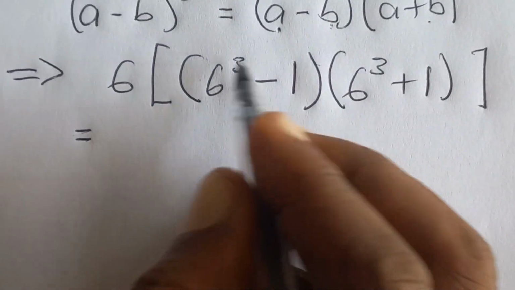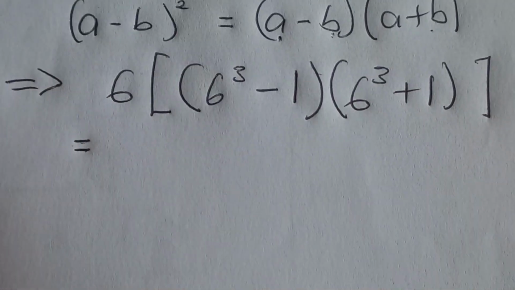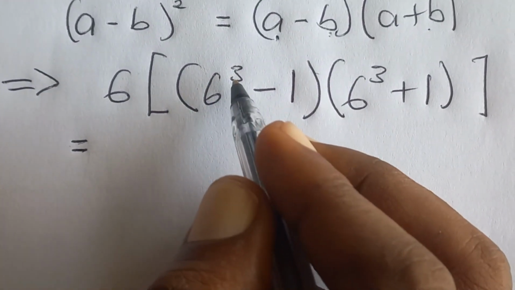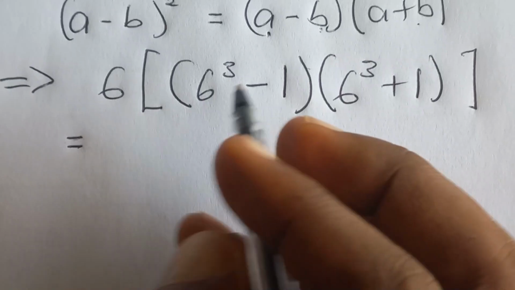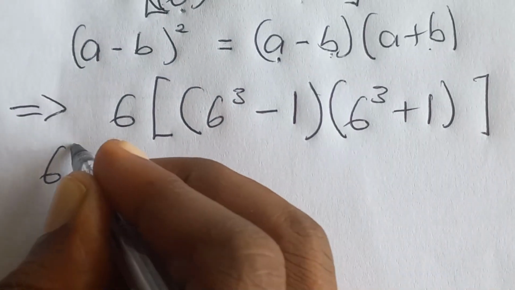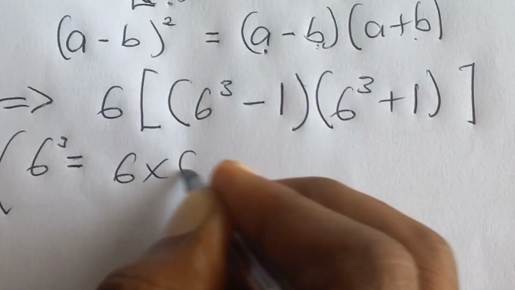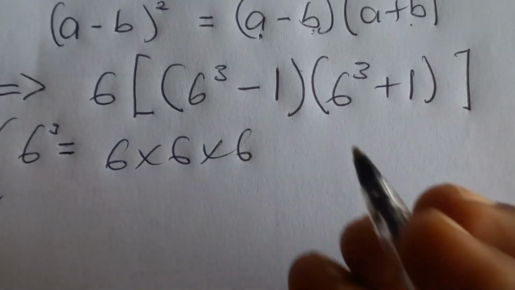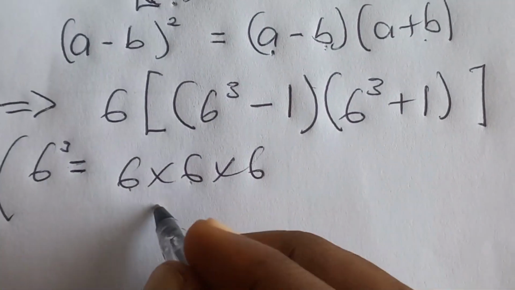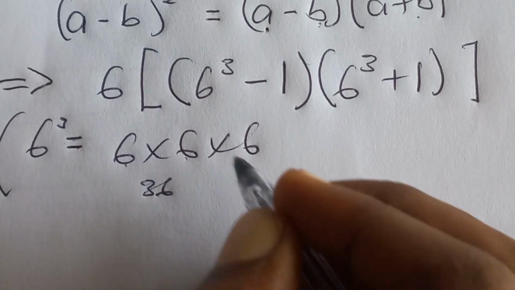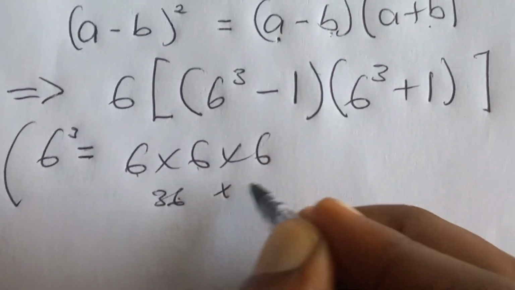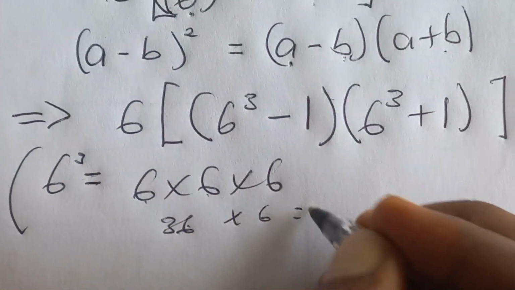Now, because we are not using a calculator, we need to simplify this. So 6 exponent 3, we can write it as 6 times 6 times 6, okay? And 6 times 6 is 36, and then 36 times 6, we are going to get 216.